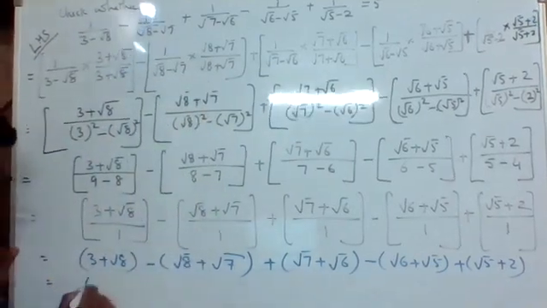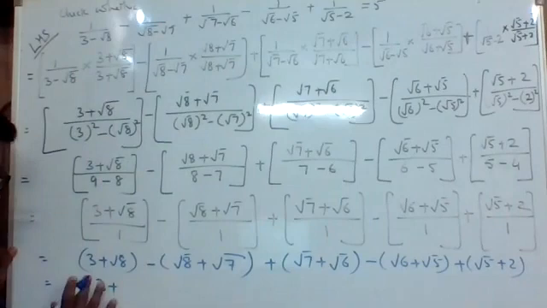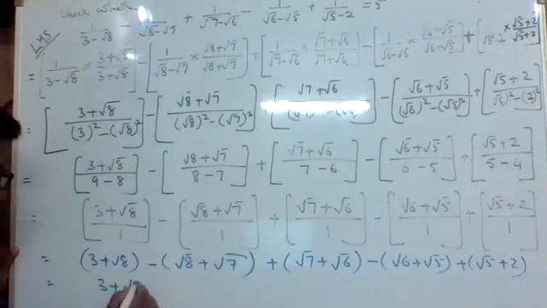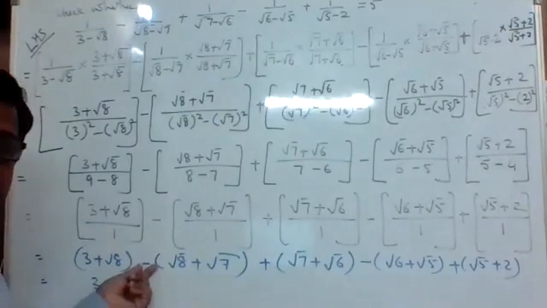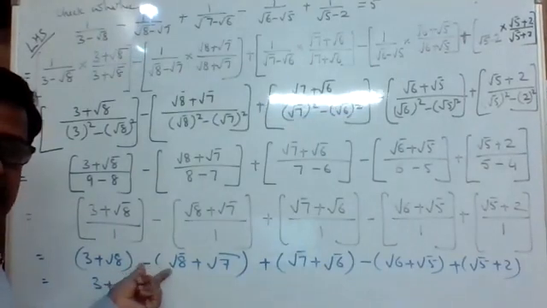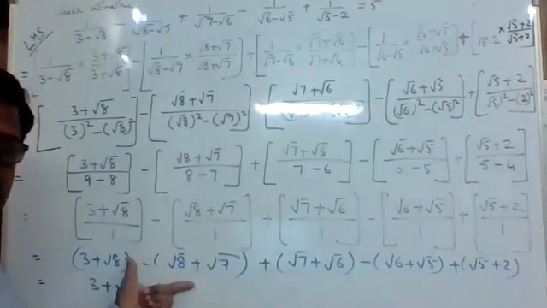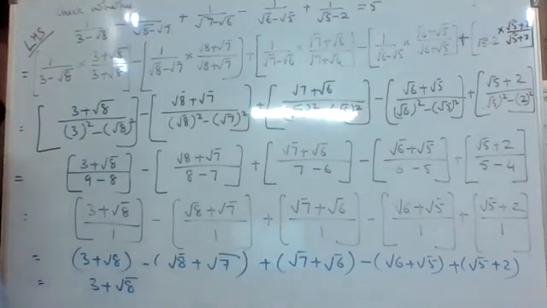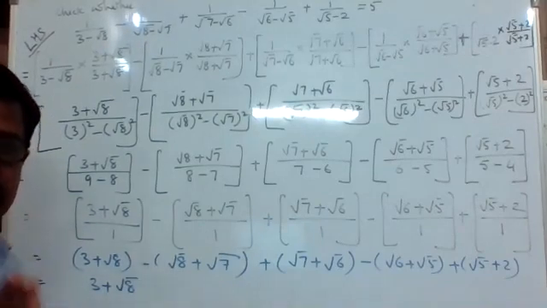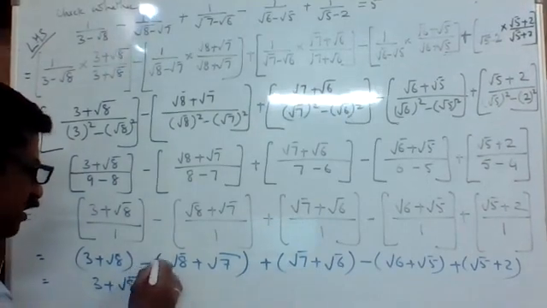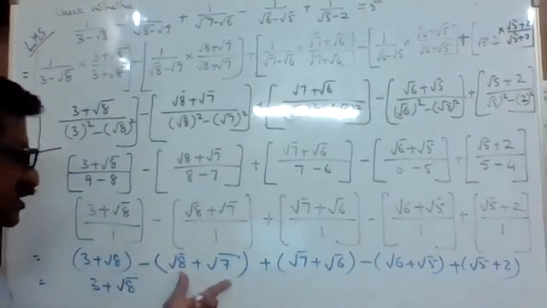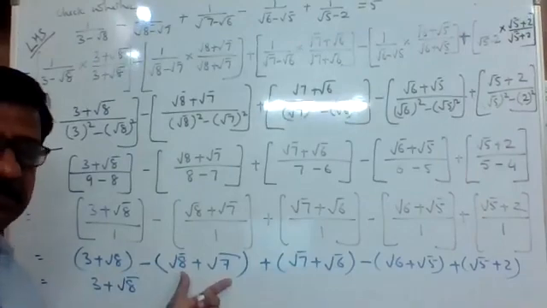Further, we open the bracket now. 3 plus root 8. Here the sign is minus. And if the sign is minus, then inside the bracket, whatever values we got, the sign has to be changed. You must have learned that in lower classes, because when you multiply this minus sign with all the values inside the bracket, the sign will change.